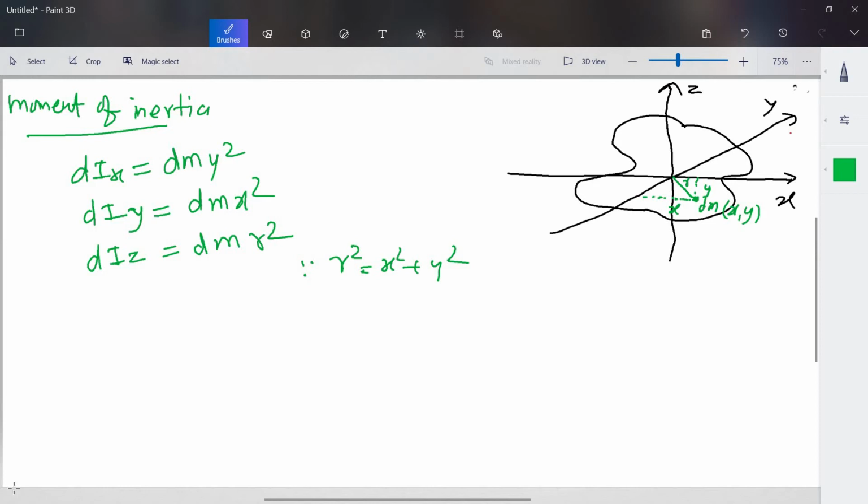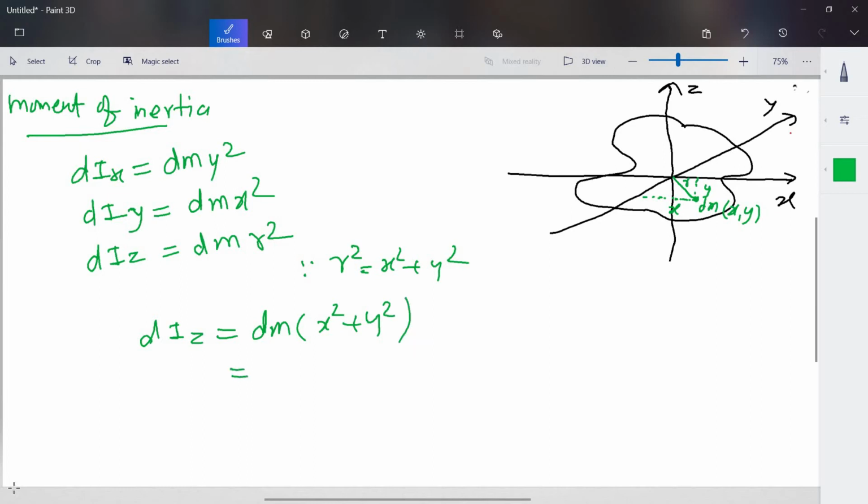So we can write dIz is dm times (x squared plus y squared).